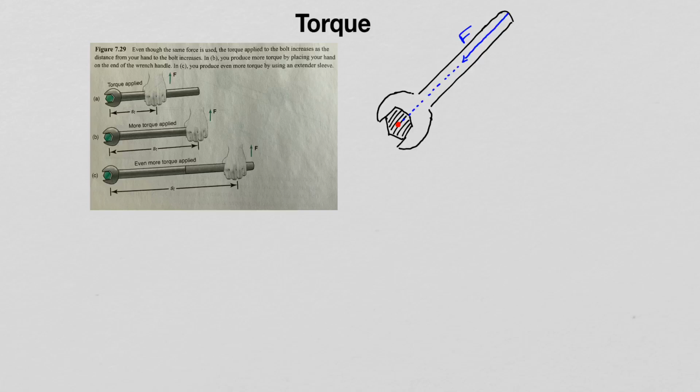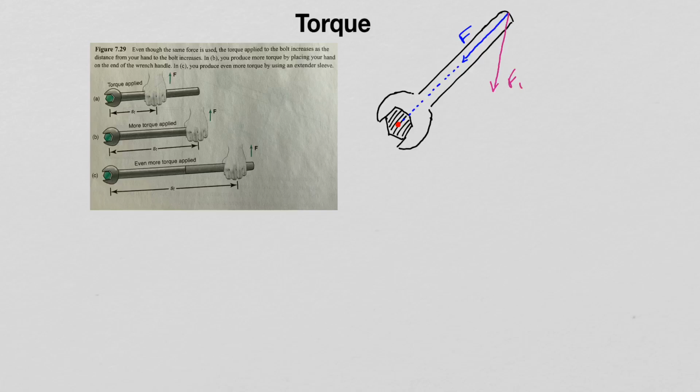Another possibility for application of force here would be to have the force at some angle, like this. Well, now there is going to be some torque generated. There will be rotation, but it is not going to correspond to the entire force. Not all of that force is going to go towards rotation. Why is that?